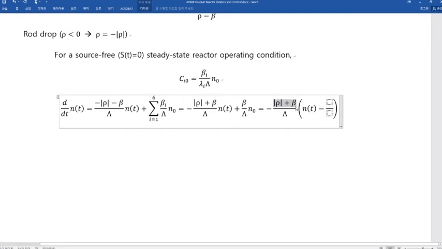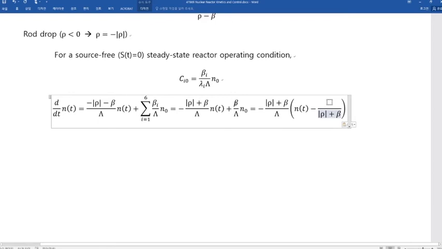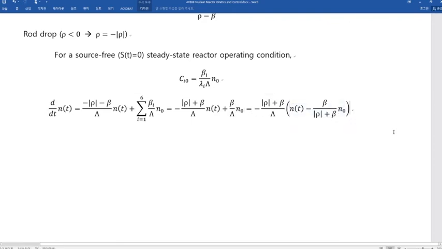So we should have this part in the denominator and beta and n0 in the numerator. So dn(t)/dt equals this.